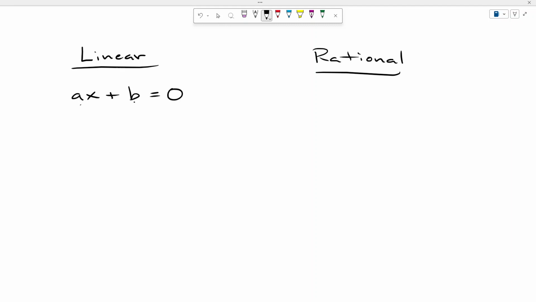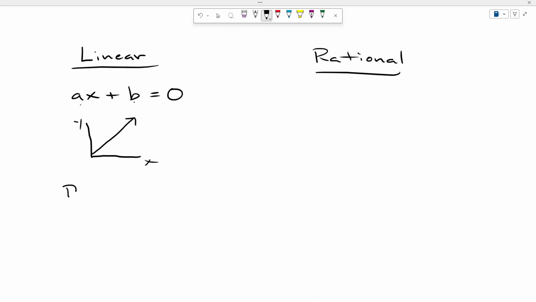Again, a and b are real numbers, x is our variable that we're solving for. And this is in one variable, which is just what we're focused on right now. So linear, we look for it in a form like this. If we were to graph it, we would see a straight line.